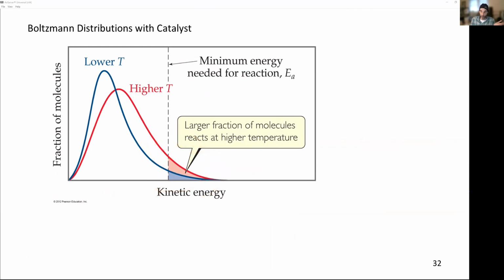Because lowering the activation energy is basically saying, all right, if we add a catalyst, we actually can move it back here. That's the catalyzed activation energy, which means that now all of this stuff is reacting as well because it was catalyzed.